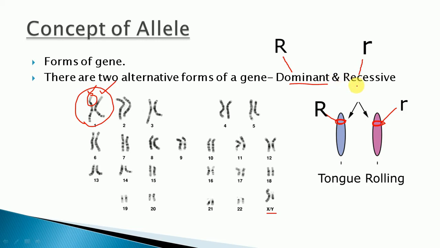The recessive allele is not able to express itself. If both genes are small r, then the person will not be able to roll his or her tongue because both of them are recessive. So for each character the genes can be both dominant, one dominant and one recessive, or both recessive. There are two alternative forms for each gene, and those alternative forms are called alleles.